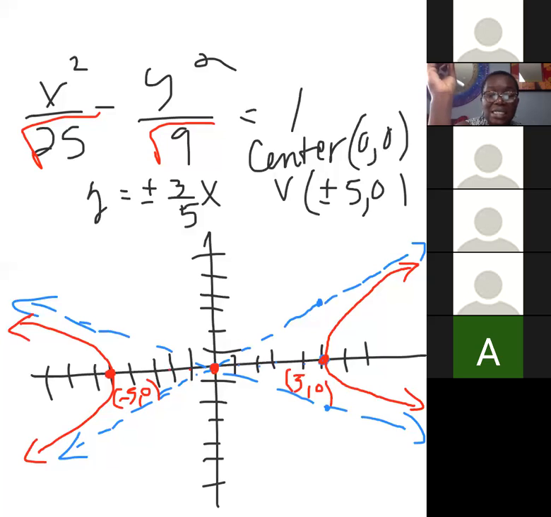It's a slanted, diagonal line, which means it is sloped. When you think about slope, think about rise over run, or the change in the y over the change in the x's. So the square root of the denominator of y represents the change in the y, and the square root of the denominator of x represents the change in the x's.